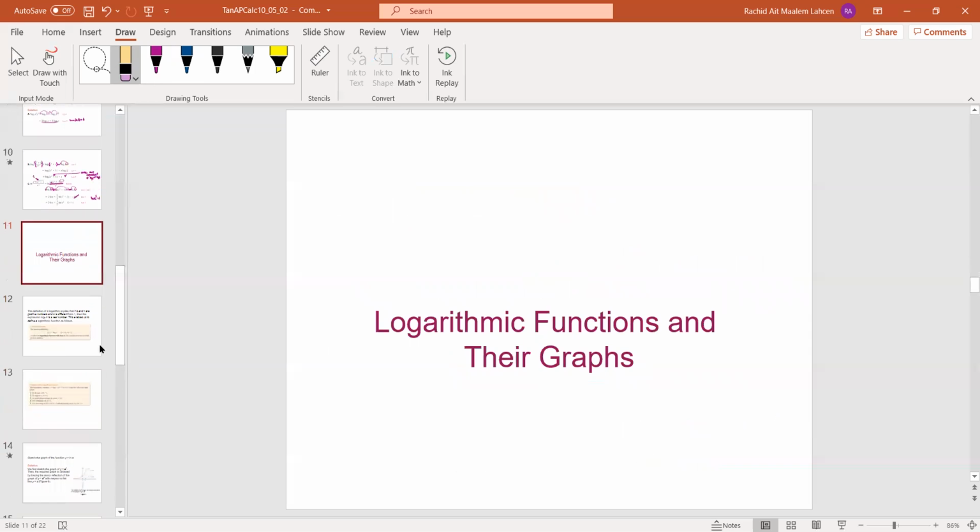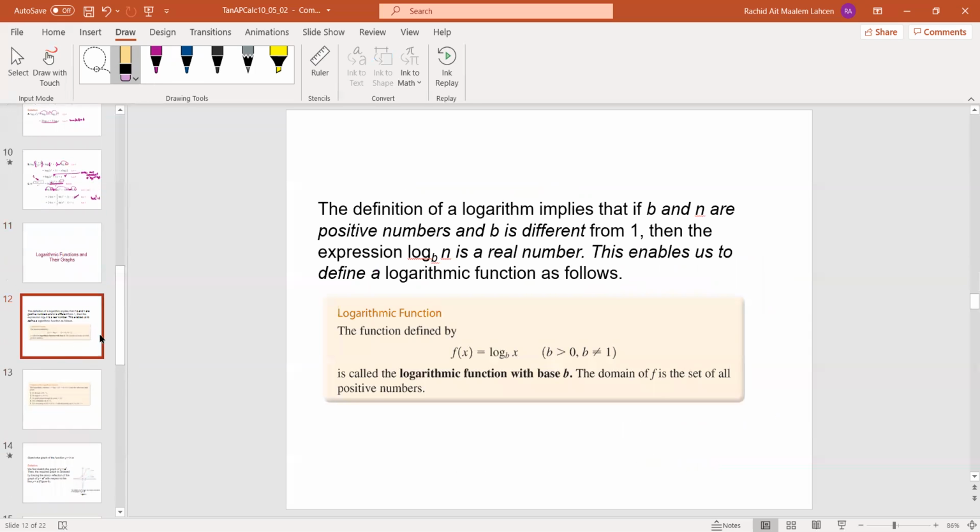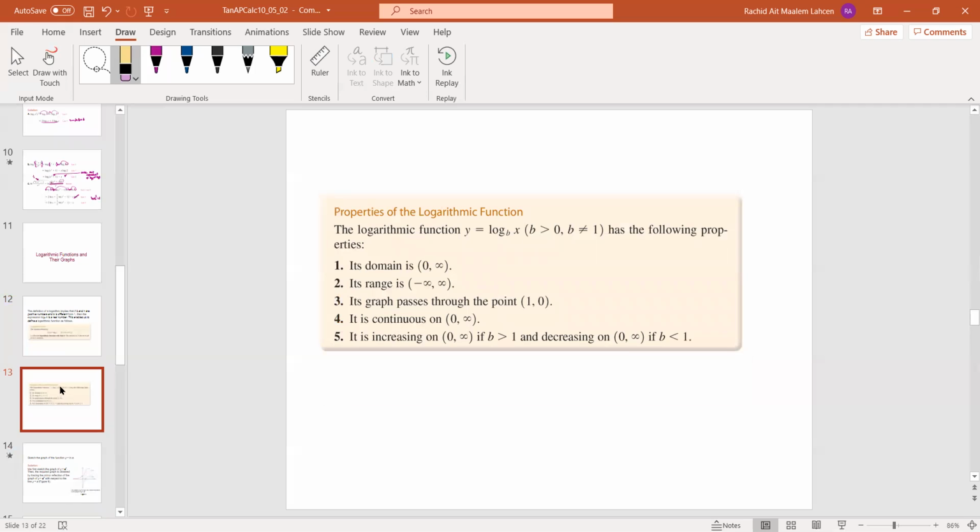So what about the graphs? Once we understand these properties, we understand what we can do, and understand also that log is an inverse of exponential functions. So there are going to be some things that reverse. So remember, for exponential, the domain is all real numbers.